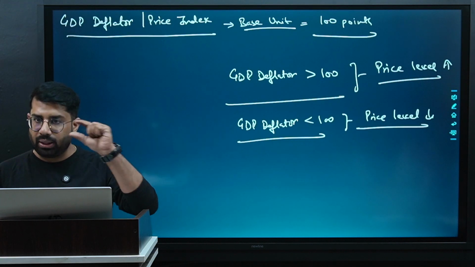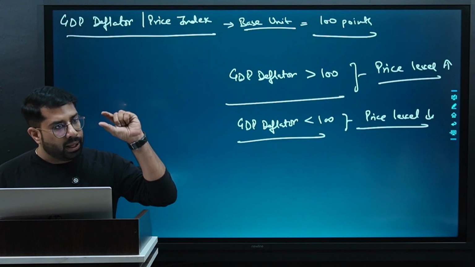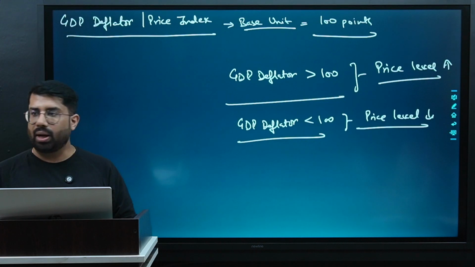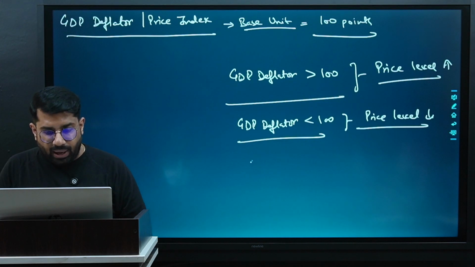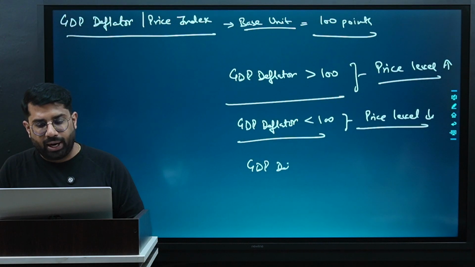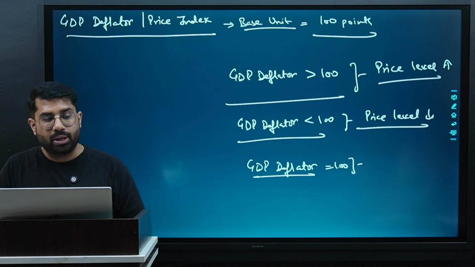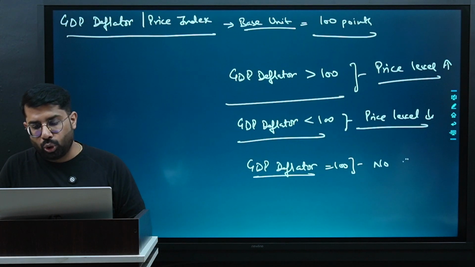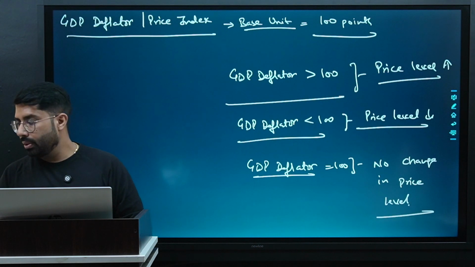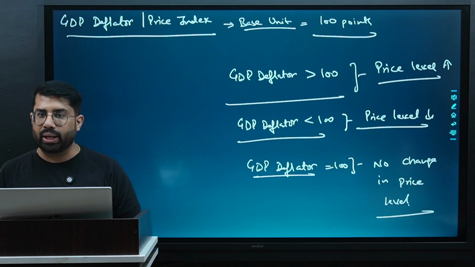That is the difference between the value of GDP deflator and the base unit. Are we clear? And if at all GDP deflator's value is equal to 100 means what? There is no change in price level. Are we clear? Sure, guys?